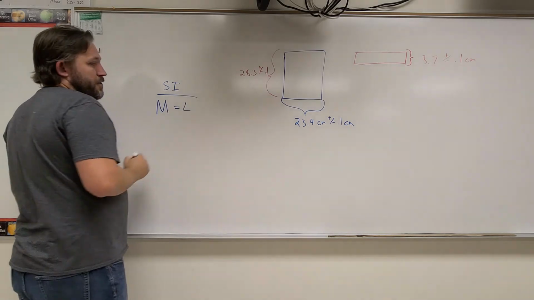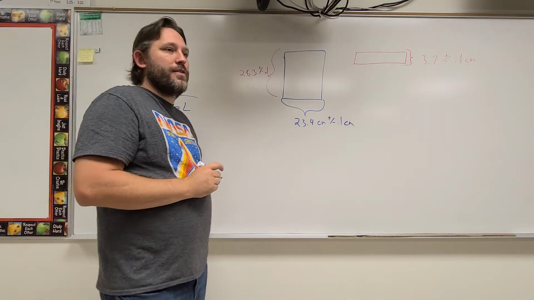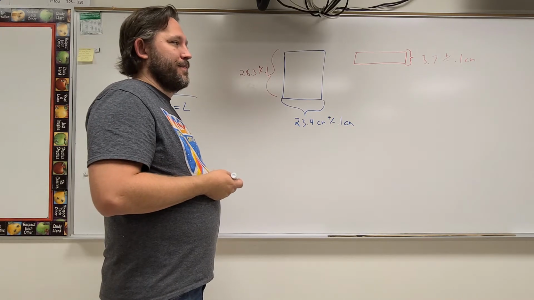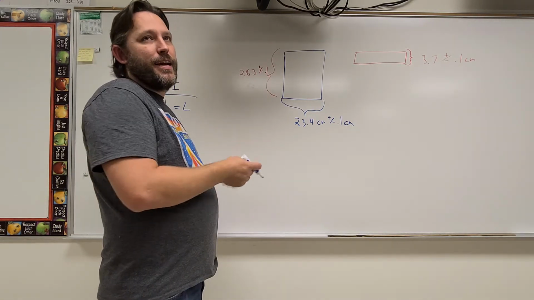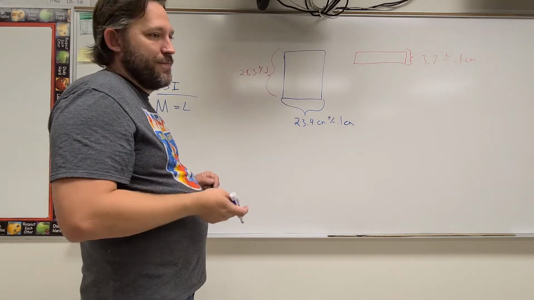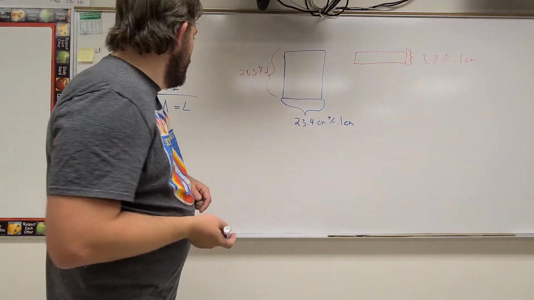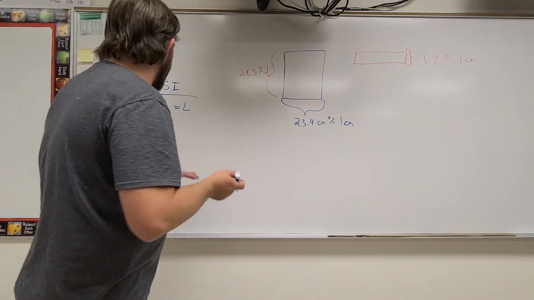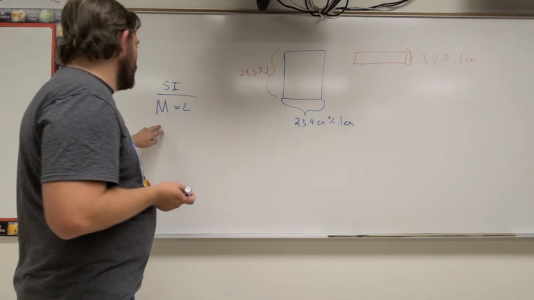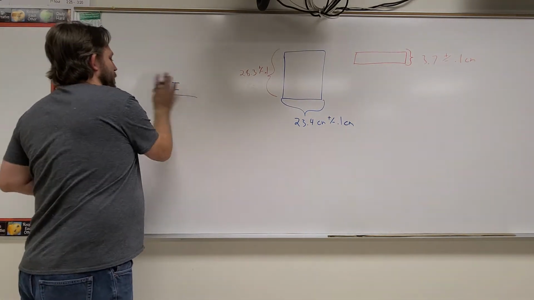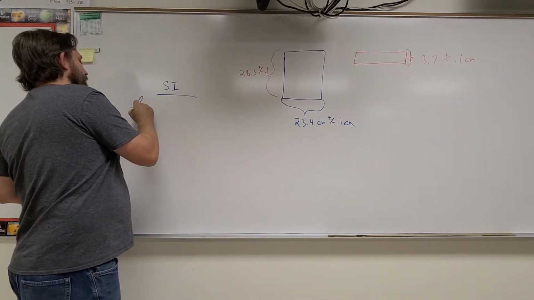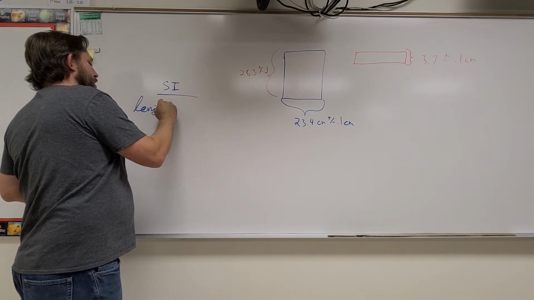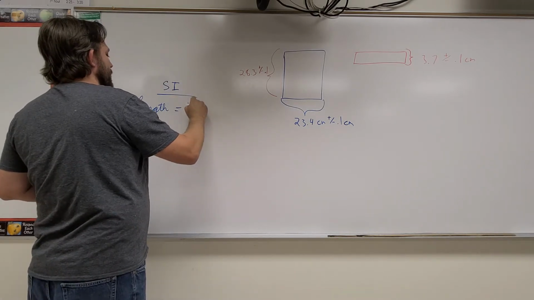So even if you're doing a measurement and you get an answer in nanometers, let's say you get 1 times 10 to the negative 9th power meters, you're going to keep it that way. You're not going to convert it into nanometers, because then it's usable in physics. So the SI unit for length is meters.